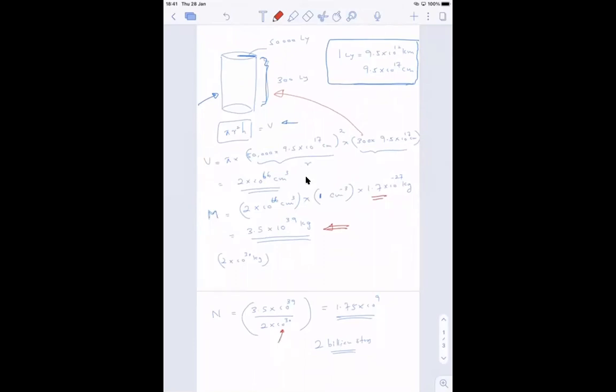You just divide the mass by the mass of one star to get the number. So your answer is this one right here, and this is roughly equal to 2 billion stars. It's not exact, but you can roughly tell that this is the correct answer. So this is how you do this kind of calculation, right?